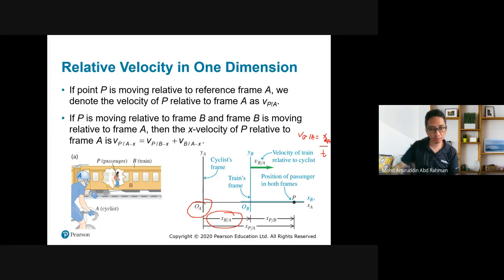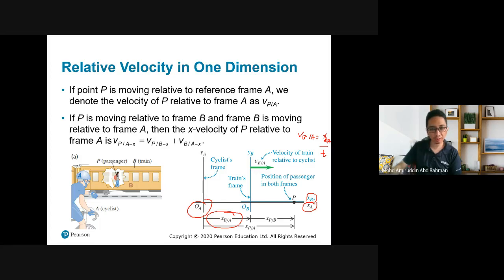So we have a position X. XA is the position of the cyclist, and XB is the position of the train.